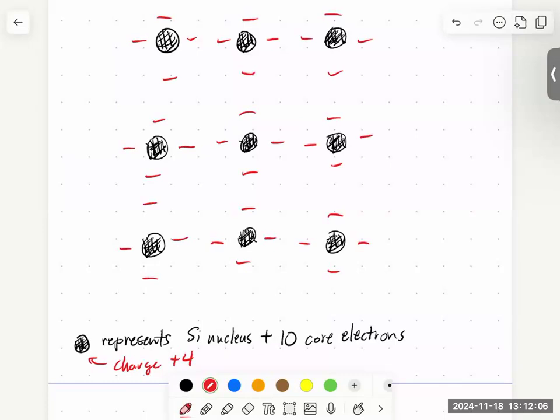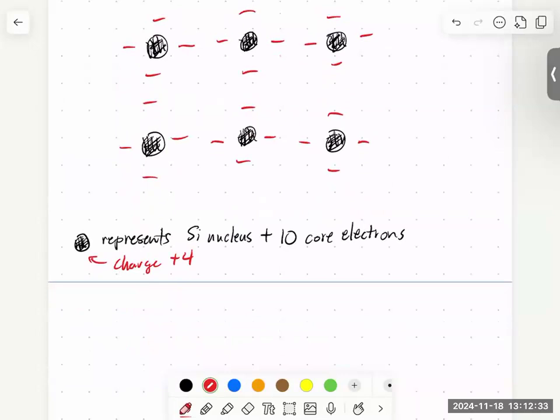So notice that if I look at this piece of silicon, the silicon atom right in the middle has 4 nearest neighbors. There's other neighbors that are further away, but we're going to focus on the 4 neighbors that are closest by. I've drawn only a 3x3 section, but this would be a huge piece of solid with Avogadro's number of atoms. And so any one of these atoms is going to have 4 closest neighbors.